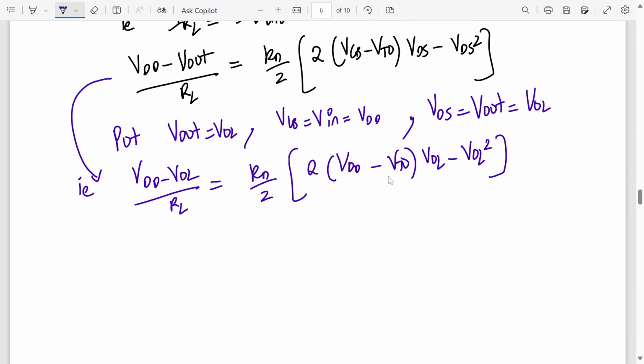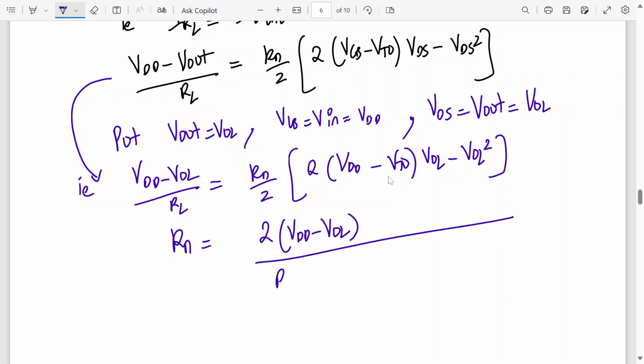So from here we find the value of Kn, that will be twice VDD minus VOL upon RL into twice VDD minus VTO into VOL minus VOL square.